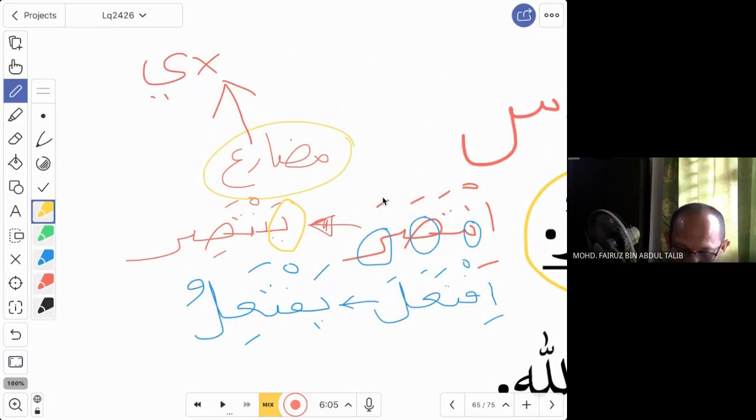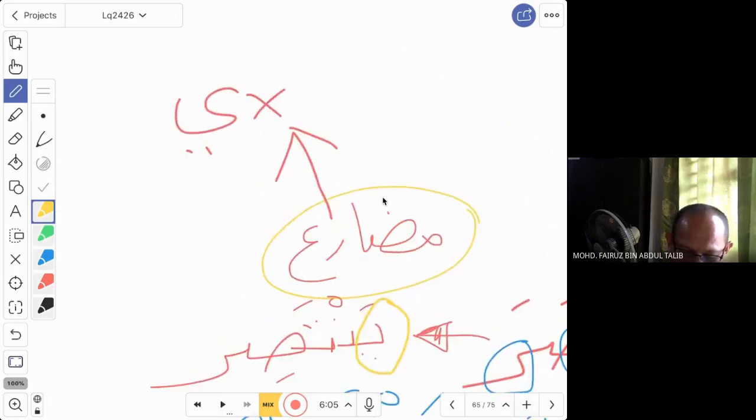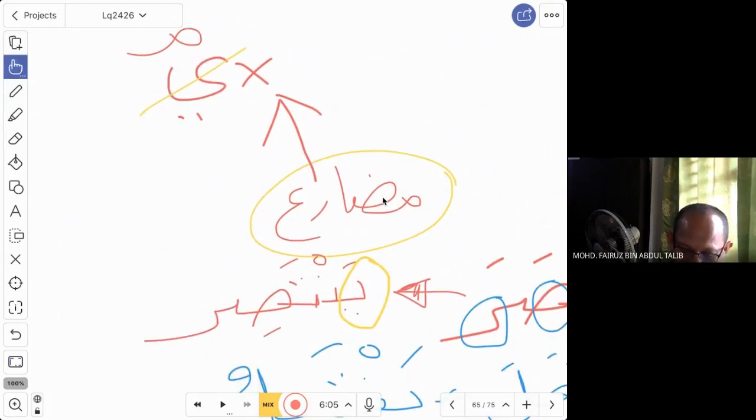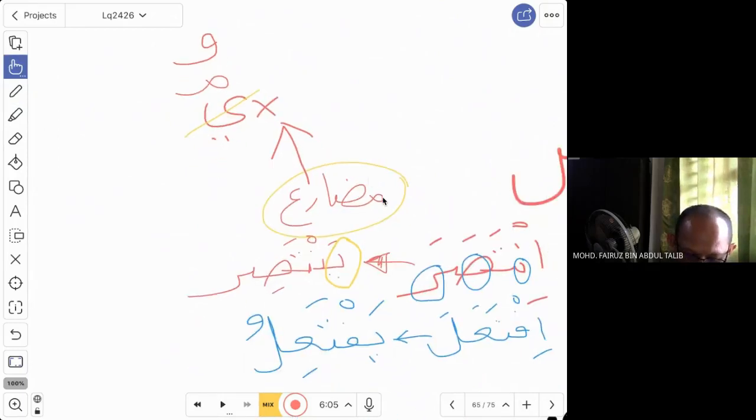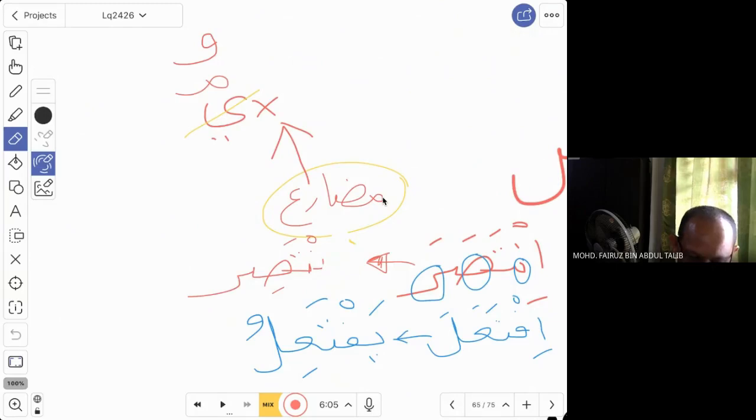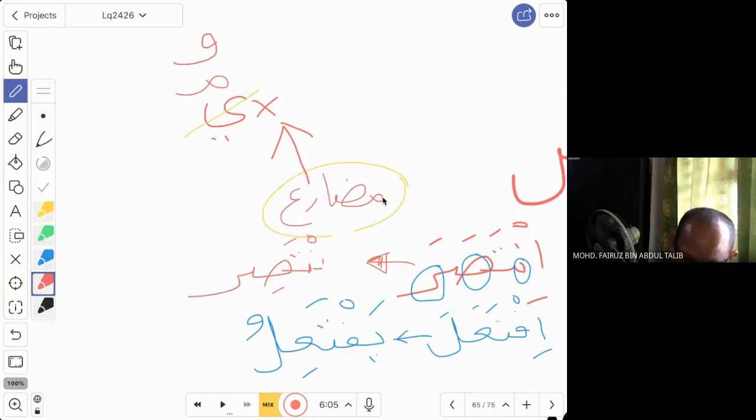So you replace it with a mim. Again, I repeat: you take the fi'il mudari, yantasiru, and change the ya to a mim. That is the first step. The second step, you put a dhamma instead of a fathah. So from the word yantasiru, we change the ya to a mim, and then what is the haraka? How do you read the mim?